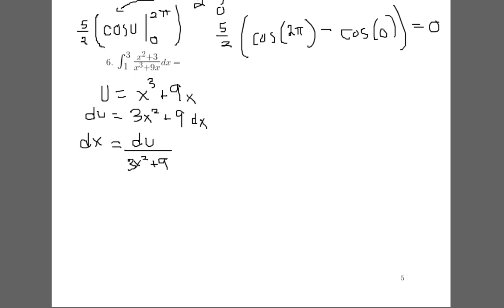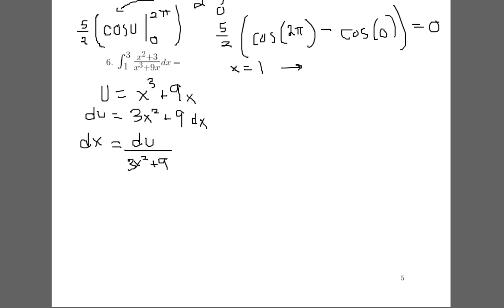Then we'll plug in our u and our dx into our original integral. But first, we'll find our parameters, our a and our b, in terms of u. For our lower bound, x equals 1. When we plug that into our u, we have 1 cubed, which is 1, plus 9 times 1.